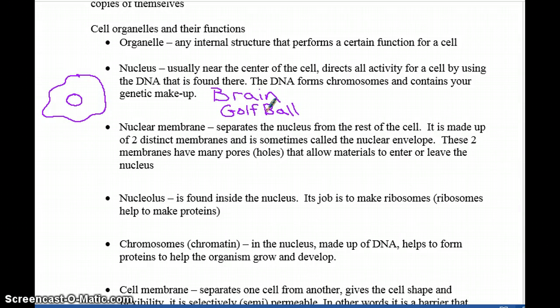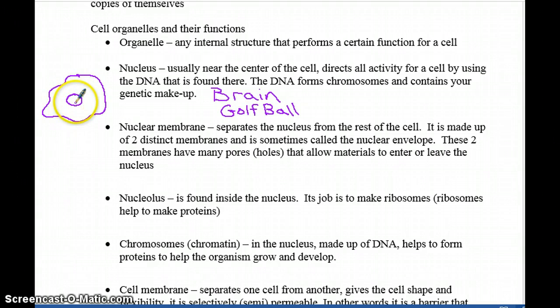Because this nucleus is surrounded by the nuclear membrane. The membrane is what's covering the nucleus, and this membrane has pores or holes which let material in and out. And so with the golf ball, the dimples are kind of analogous to the pores. It's where this material can get in and out of the nucleus. So we have the nucleus.